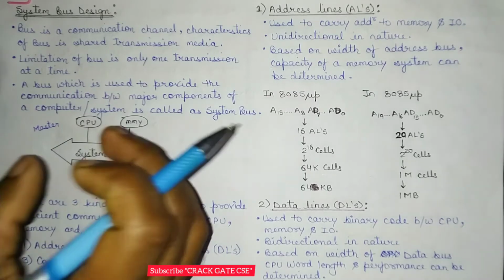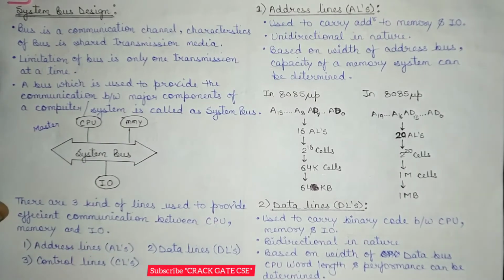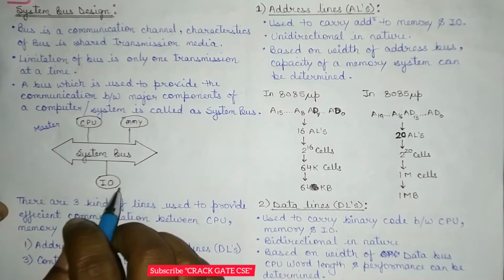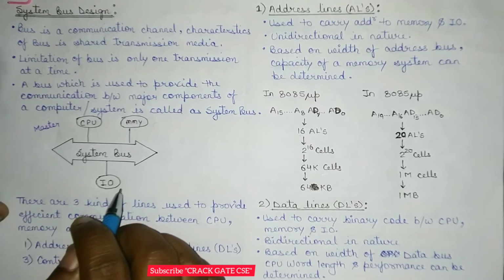Now in memory we have addresses to represent the respective cells, where the control signals play an important role in deciding what we have to do with the cell. This is just an overview of how things are working. Similarly, if we talk about the IO, the IO is for extended communication, that is, if you want to extend your communication by input or output, the IO will be used.